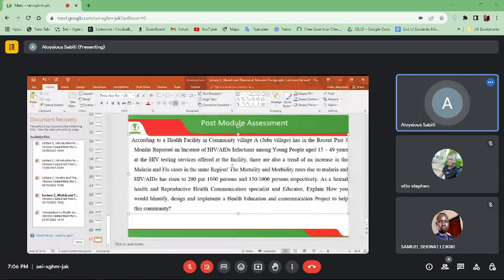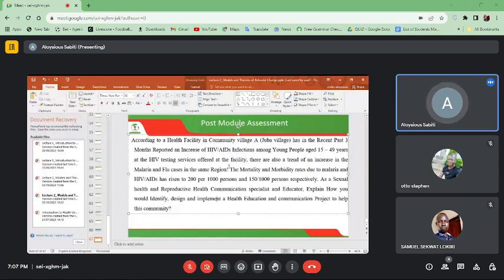At the HIV testing services offered at the health facility, there is also a trend of an increase in malaria and flu cases in the same region. The mortality and morbidity rates due to malaria and HIV/AIDS have risen to 250 per 1,000 persons respectively.